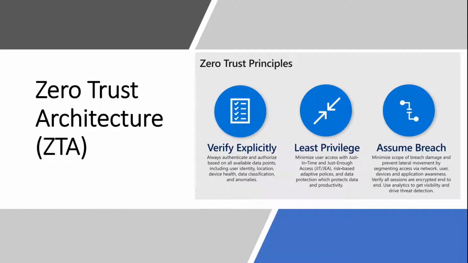These are the two areas that this identity governance would revolve around. To be precise, it would take advantage of both just enough administration, or just enough access, JEA, and just-in-time administration, JIT. JIT and JEA are the core components of identity governance, and we will see how best we can leverage them.